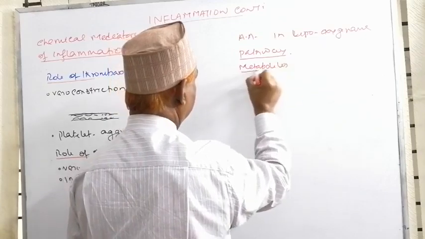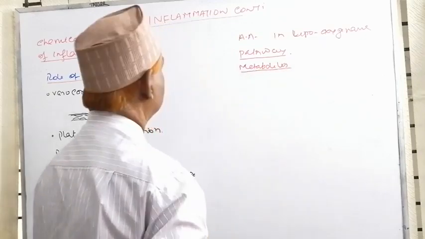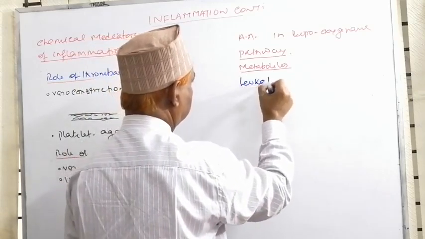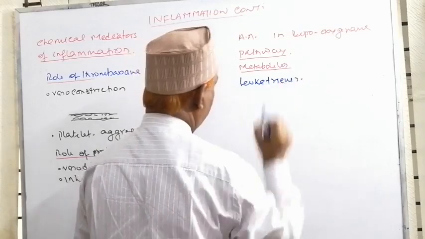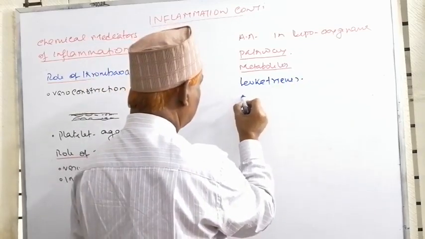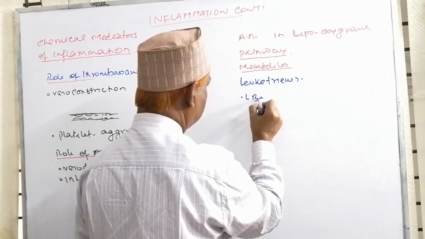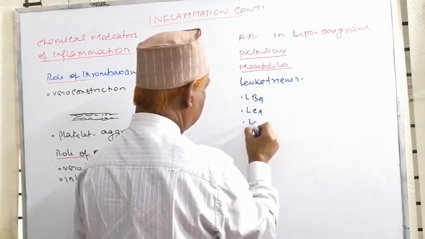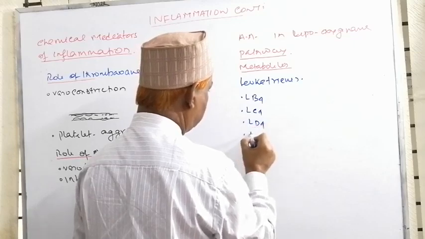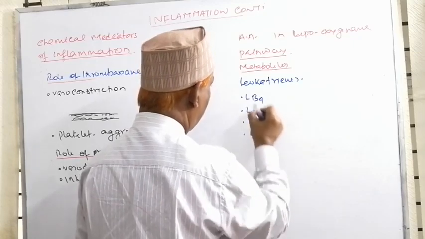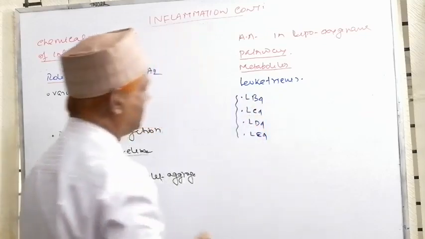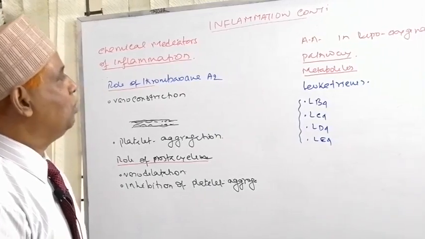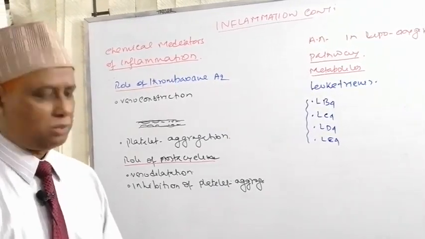Metabolites are leukotrienes. Leukotrienes may be leukotriene B4, leukotriene C4, leukotriene D4, leukotriene E4. All are the leukotrienes. These are the chemical mediators derived from arachidonic acid when it is metabolized by the lipooxygenase pathway.